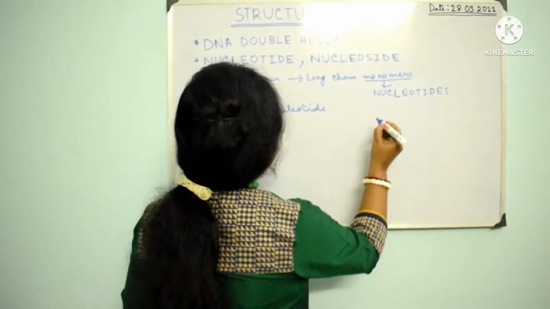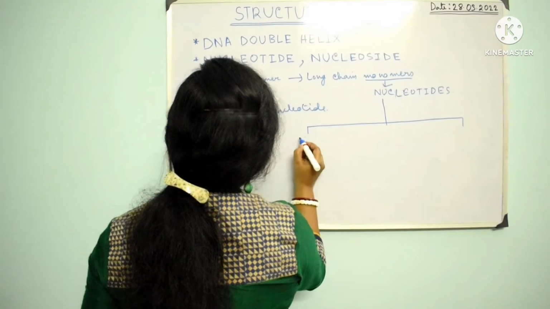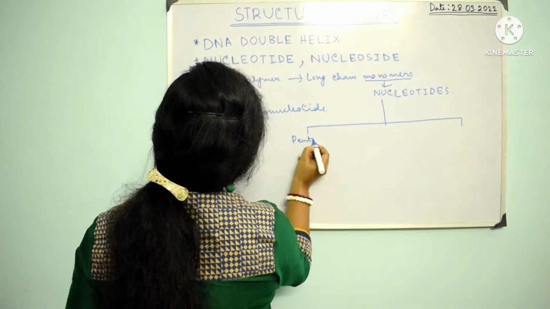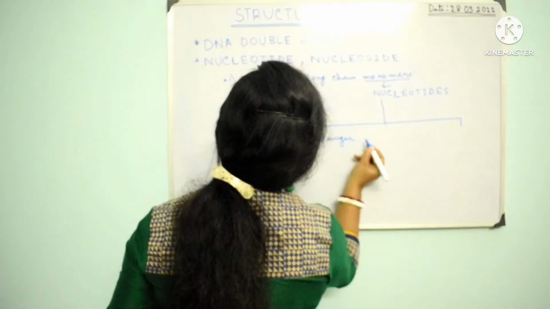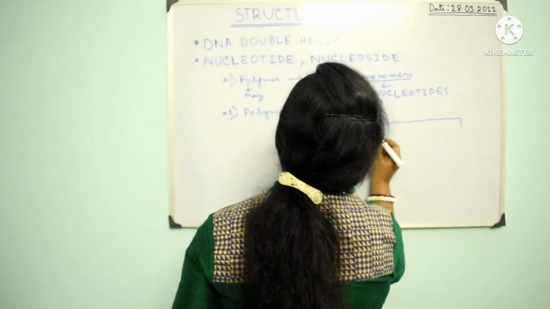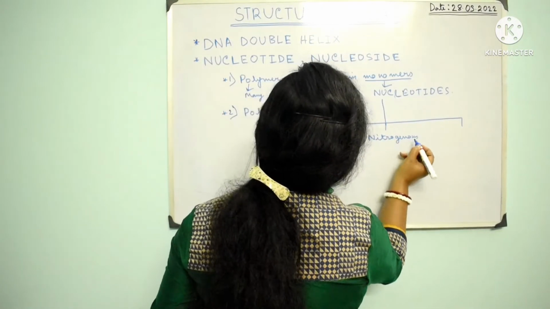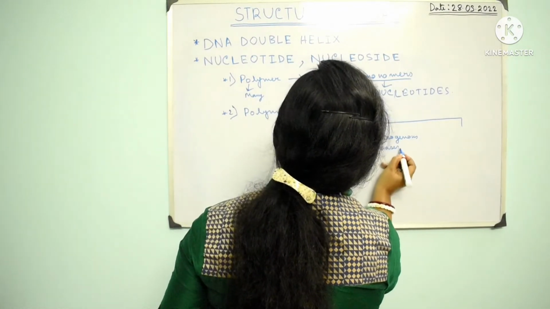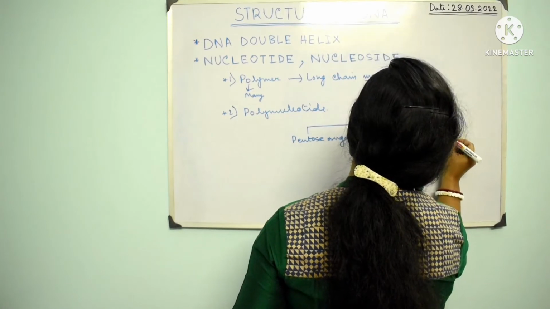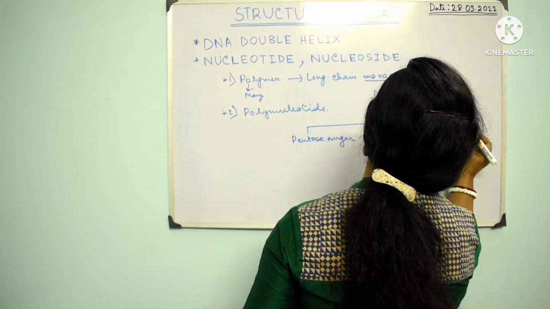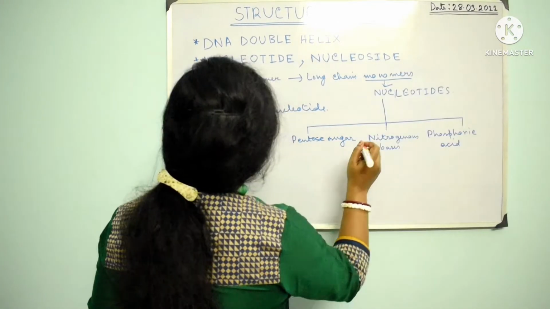Three components of nucleotides: pentose sugar, nitrogenous base and phosphoric acid.